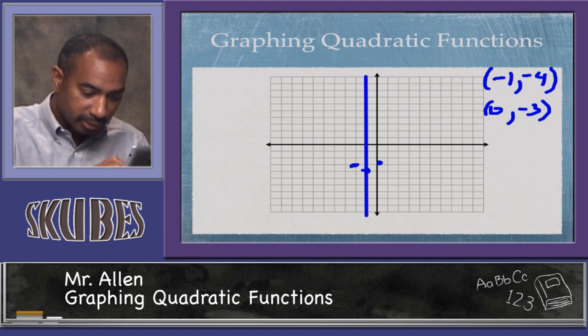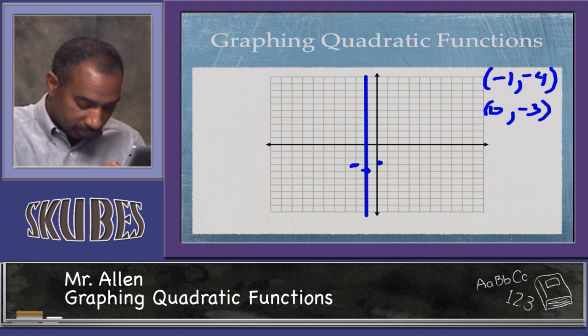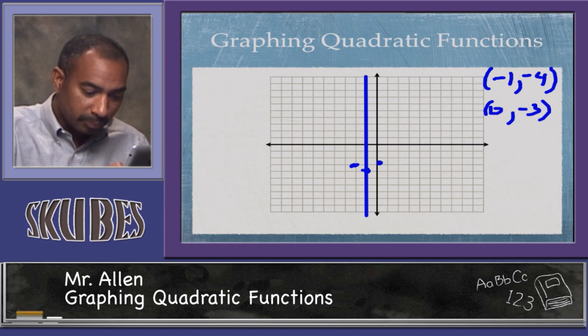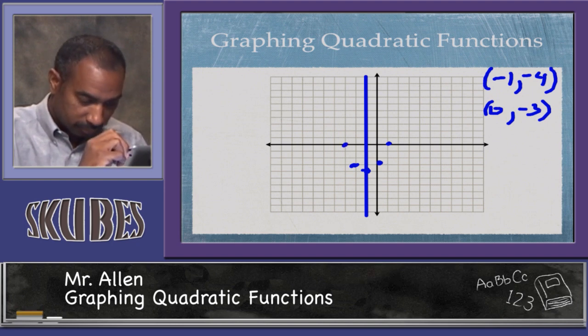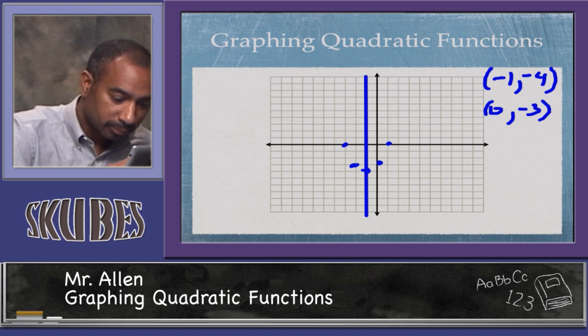All right, and then let's say I plug in 1. If I plug in 1 and evaluate that, I'm going to wind up with 0, which is right here. Which means if I plug in -3, I also get 0. And so on. And that's how your parabola is going to look.